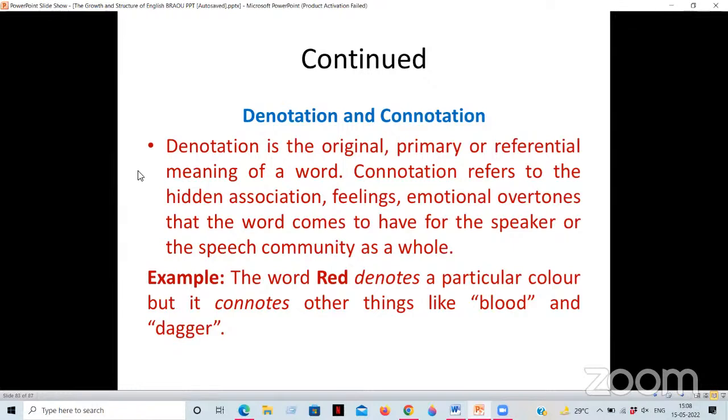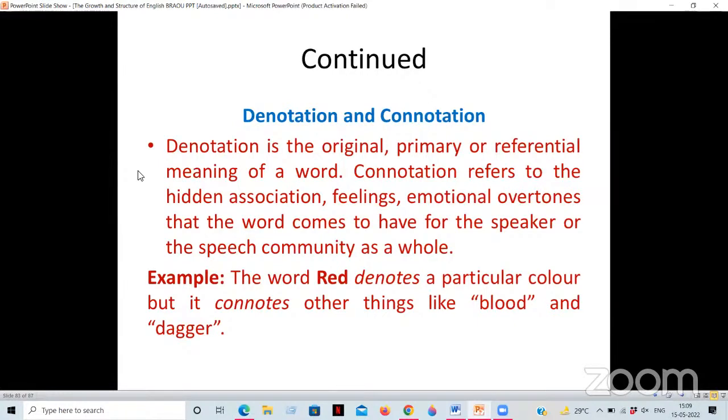So we already read that denotation is nothing but the original, primary, or referential meaning of a word. As for example, you can take the word red over here. Now the word red is symbolizing nothing but the color redness. Redness is the symbolization of that particular thing.